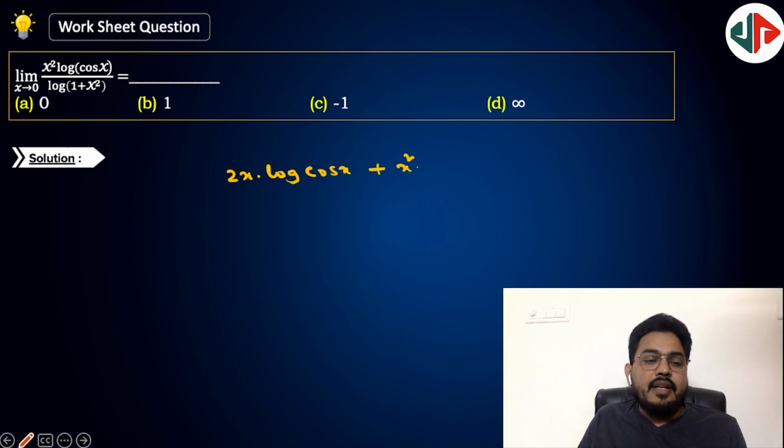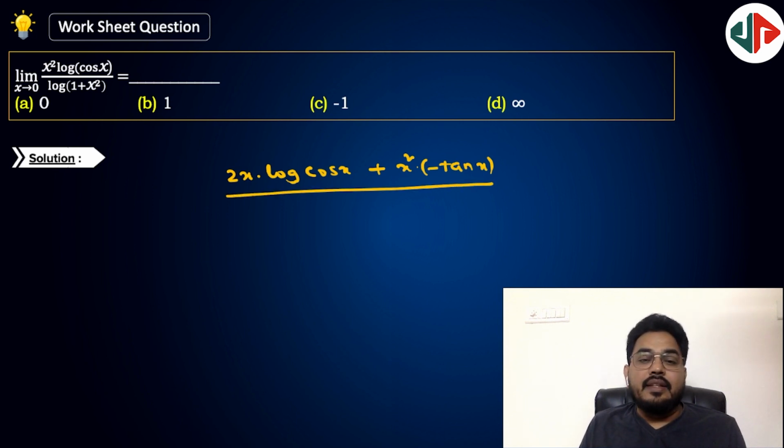Yes, because derivative of log cos x is 1 by cos x into minus sin x. So it is minus tan x. But again, it is not moving away from 0 by 0 form. That is a problem. The denominator is 1 by 1 plus x square into derivative of this one, which is 2x. So x is cancelled.